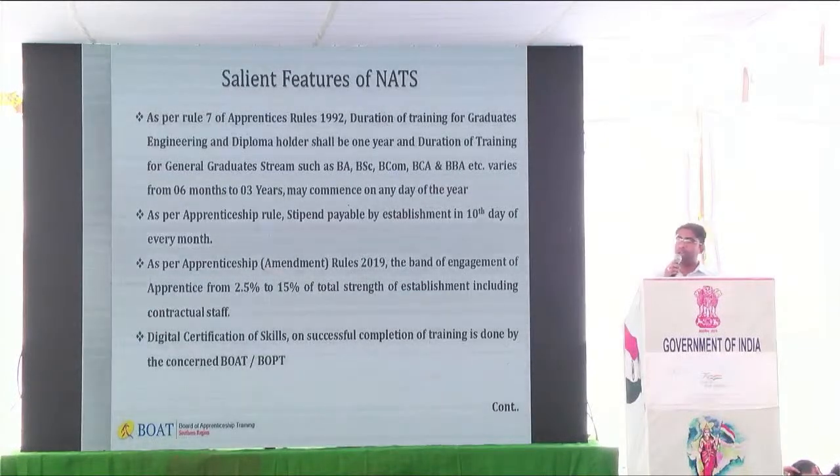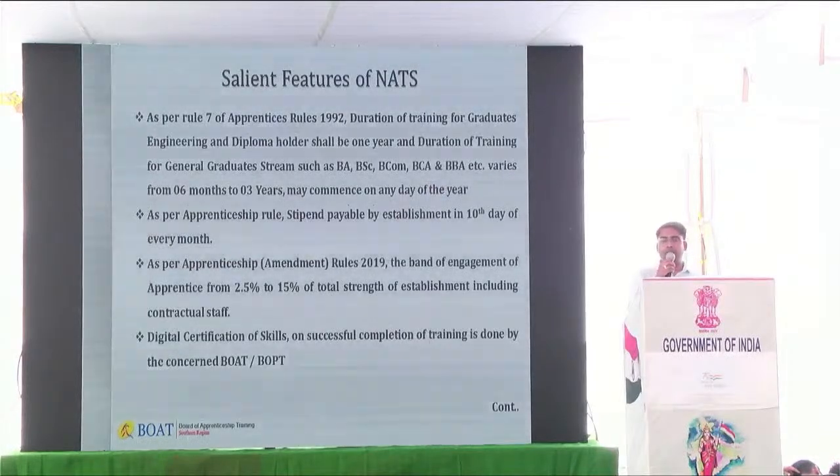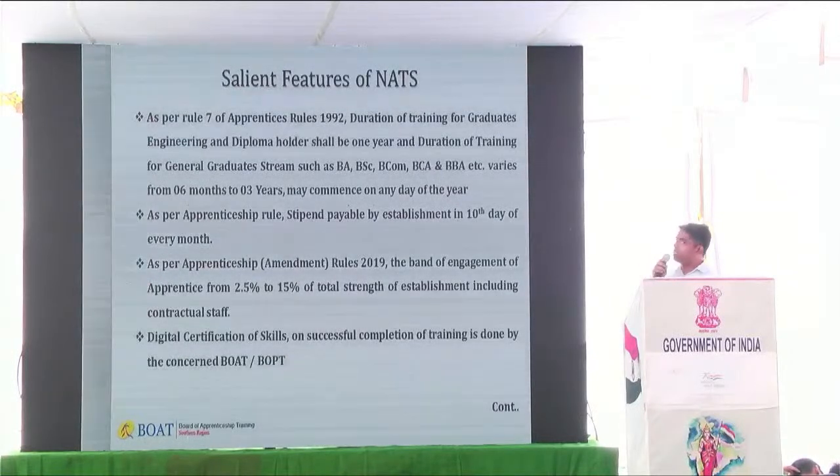If students do not get the opportunity, they can apply in the PAPAP, the permanent employment opportunity. For non-engineering graduates like BA, BSc, BCom students, the duration of training varies from 6 months to 3 years, but mostly establishments give only 1 year of training.